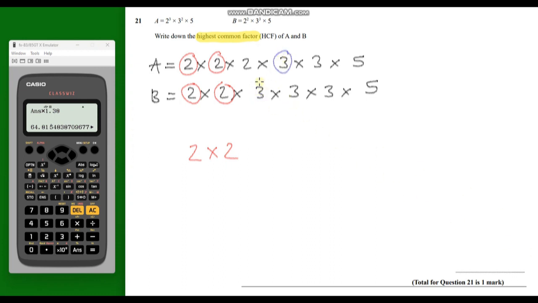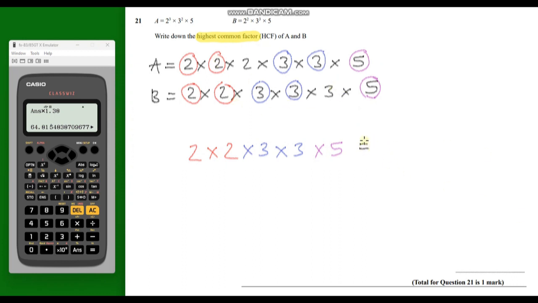So we've got a 3 and a 3, so we can multiply it by 3. We've got another 3 in both numbers, so we multiply by 3 again. And again, we don't have any more 3's in common. So now the last one is 5, and I can see they've both got a 5 in common, so we're going to multiply by 5. So for both numbers, they both have a 2 times 2 times 3 times 3 times 5 in, just in slightly different orders. So that is our highest common factor.